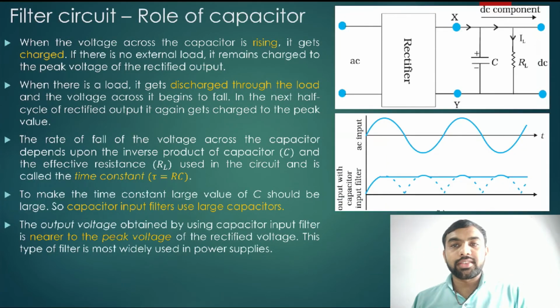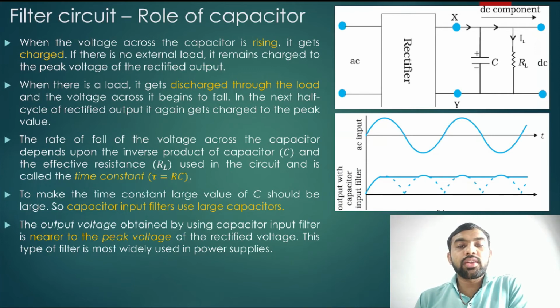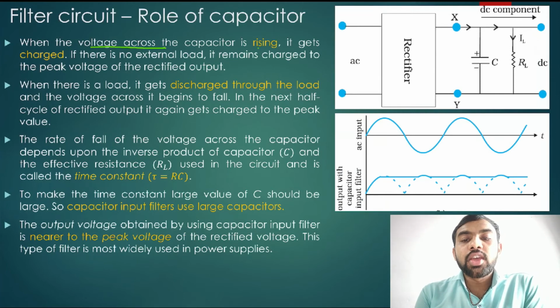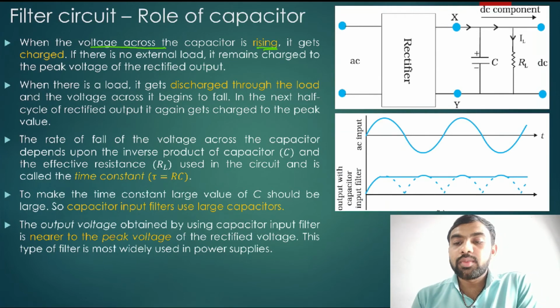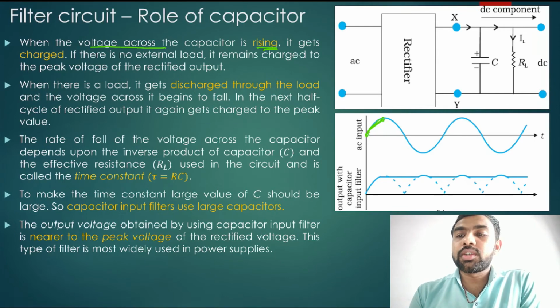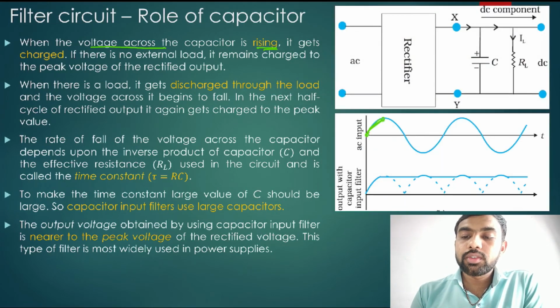What is the role of the capacitor in the filter circuit? When the voltage increases across the capacitor, here the current increases, the voltage increases. Let's use a different pen, red pen.